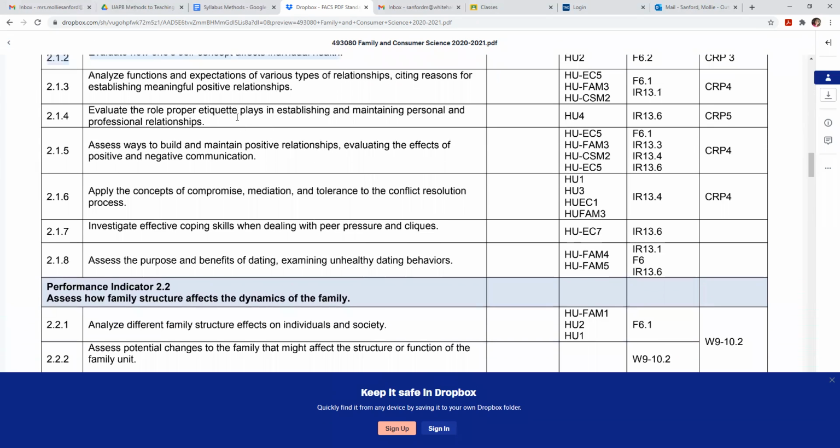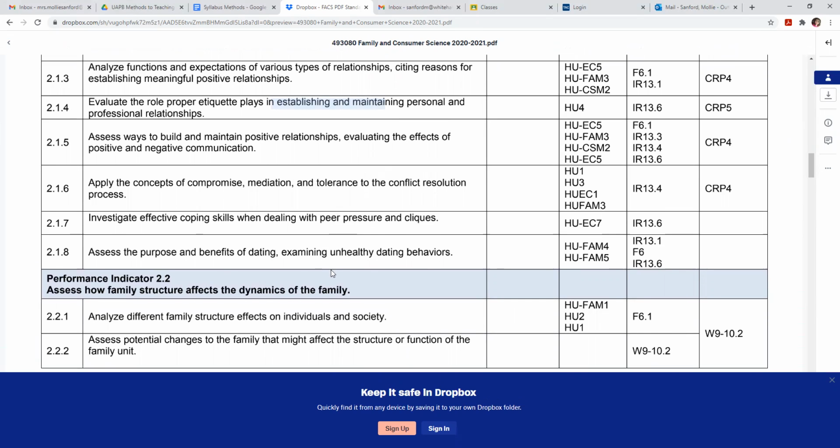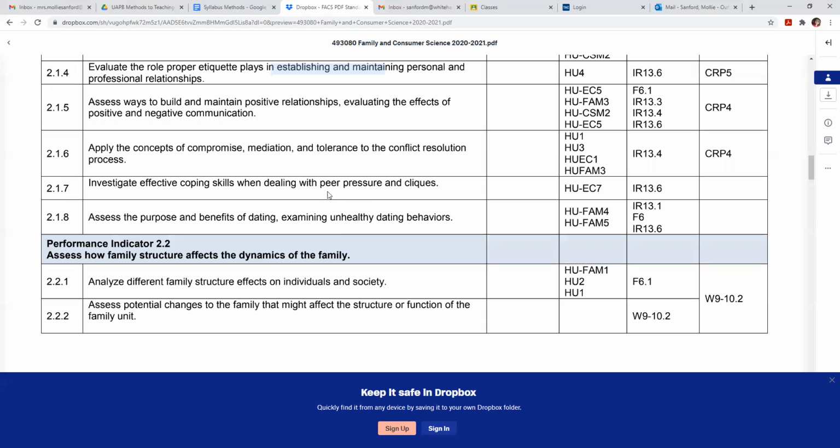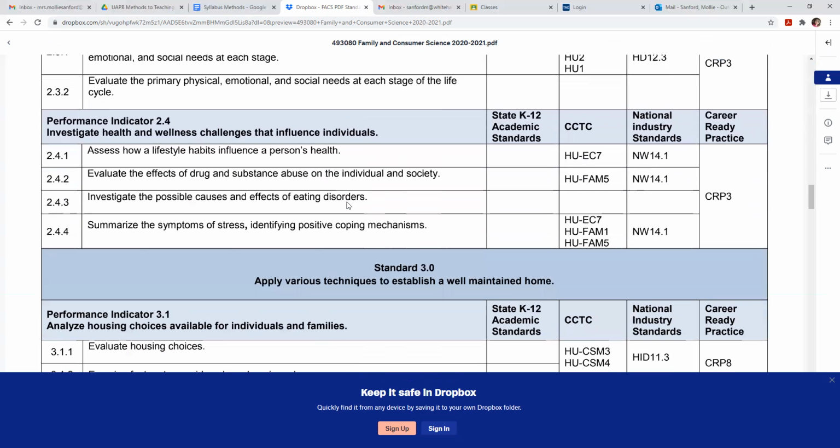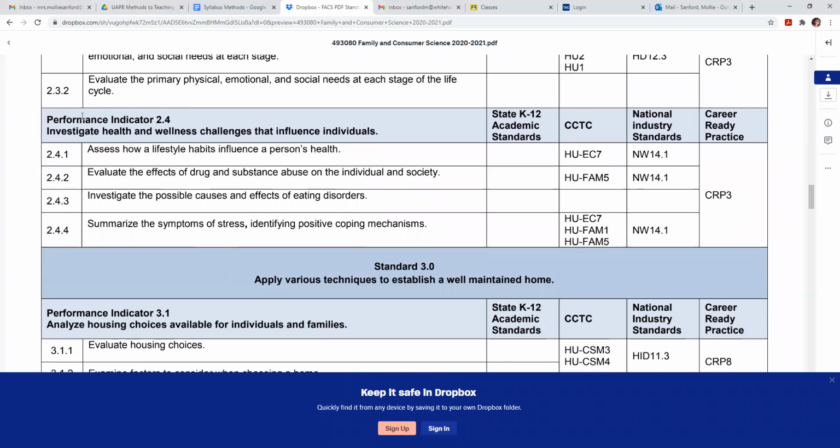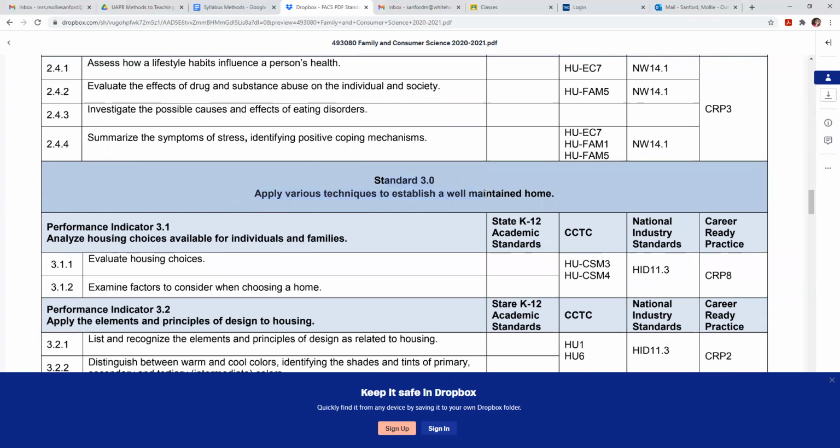And we talked about manners and etiquette. And now we're fixing to move into peer pressure and cliques and unhealthy dating behaviors next week. And keep going through this performance through 2, and then we get to standard 3, and this is a whole new topic.